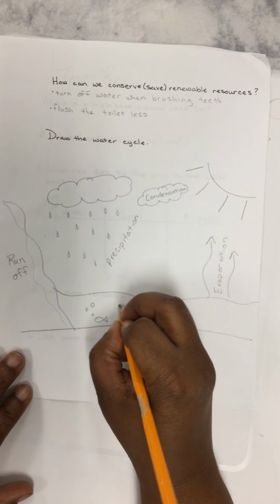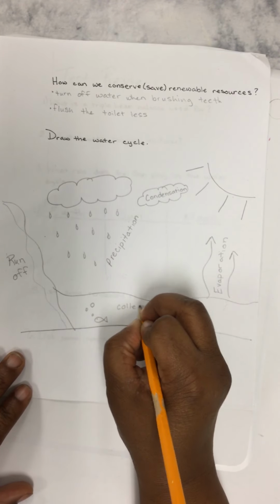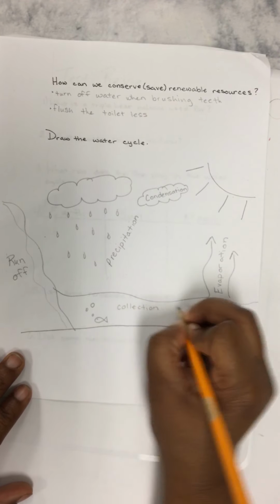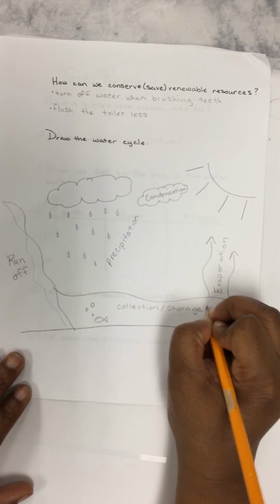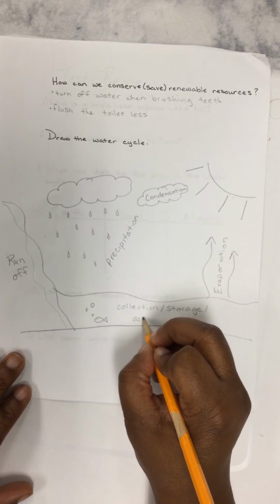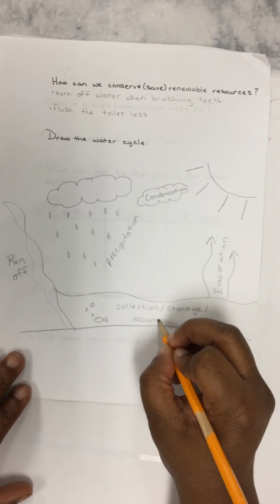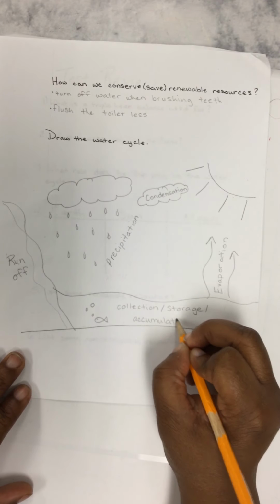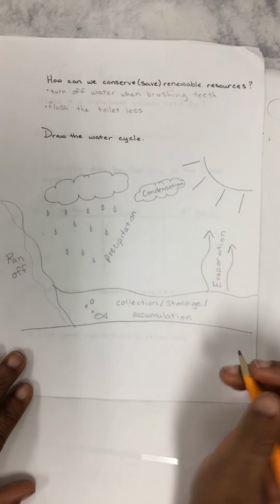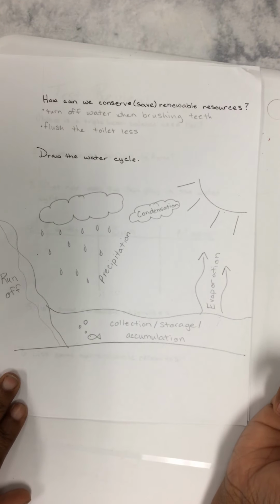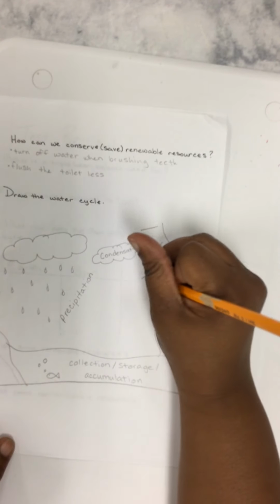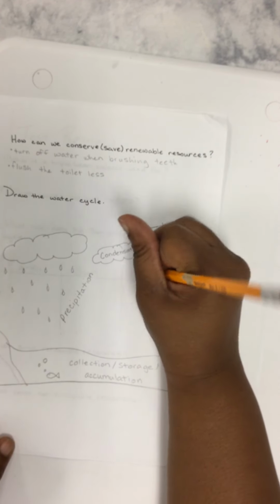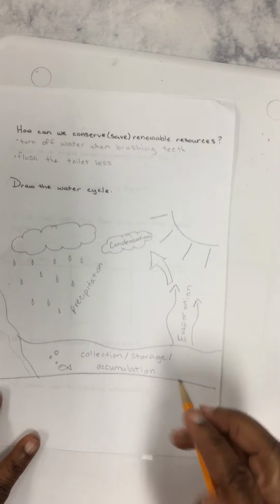And it becomes either collection, storage, or accumulation. You may see it in all three ways. So just to be clear, we go from evaporation up to condensation.